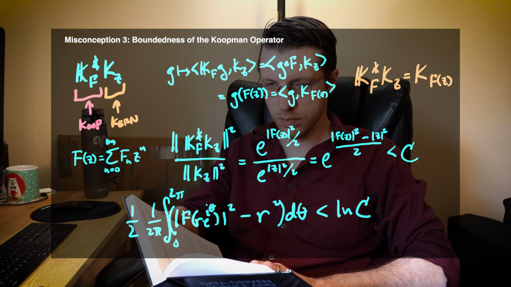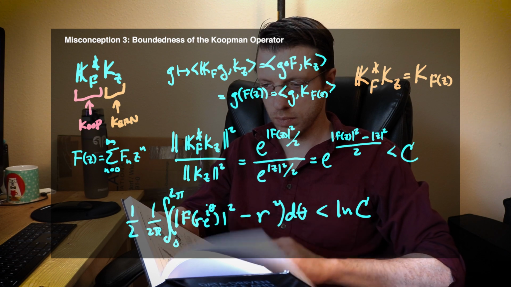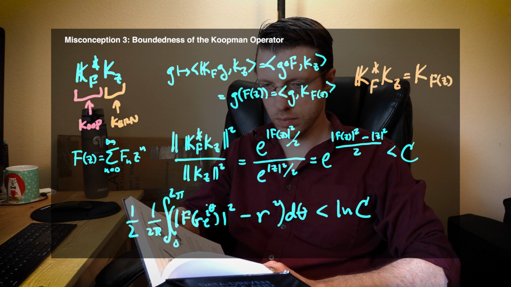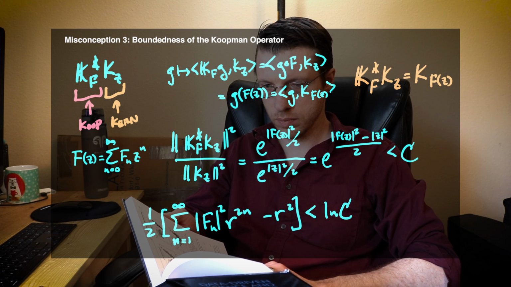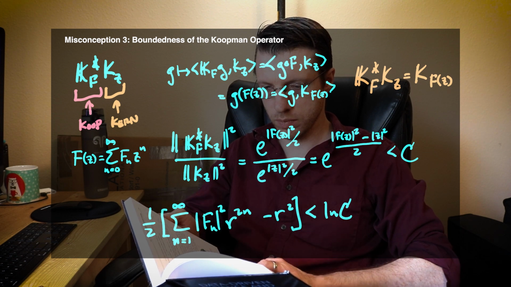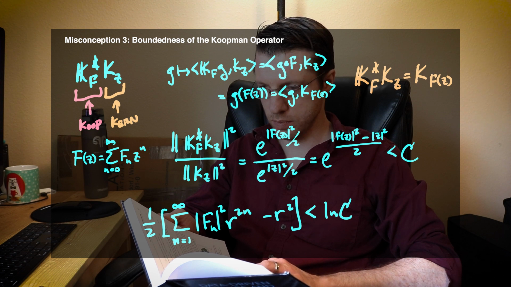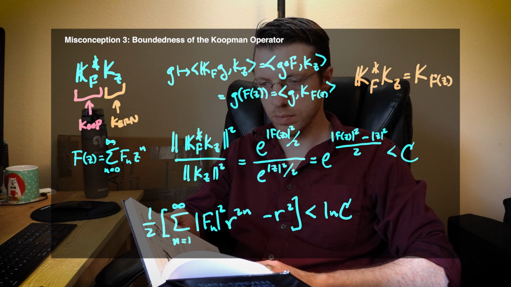On the right hand side it does nothing, so we just end up getting the natural log of c. But on the left hand side, a little bit of complex analysis will tell you that what you end up getting is 1/2 of the sum from n equals 0 to infinity of the coefficients, say f_n, for the discrete time dynamics power series.